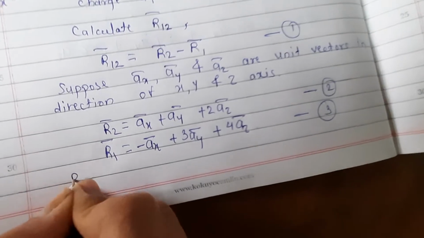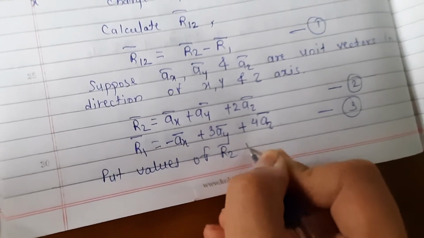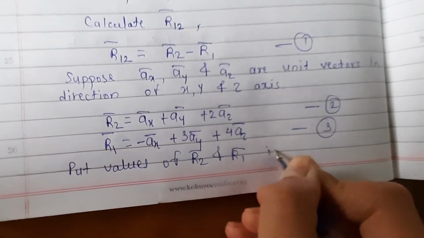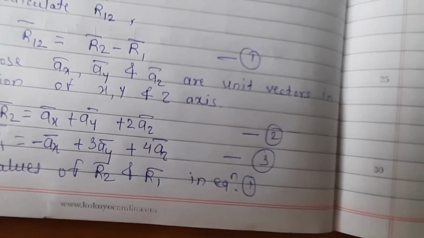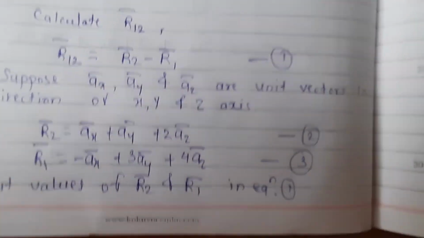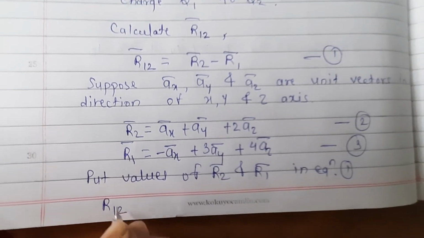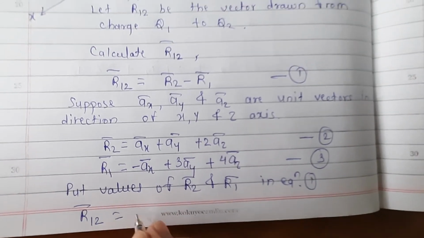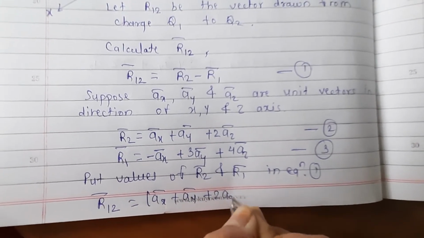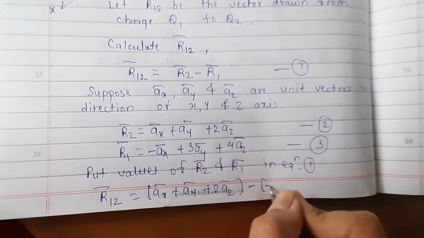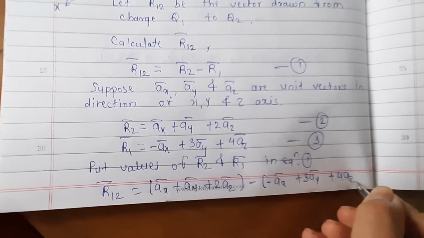Now put the values of r2 bar and r1 bar in equation 1. So we get r12 bar equal to ax bar plus ay bar plus 2az bar minus (minus ax bar plus 3ay bar plus 4az bar).